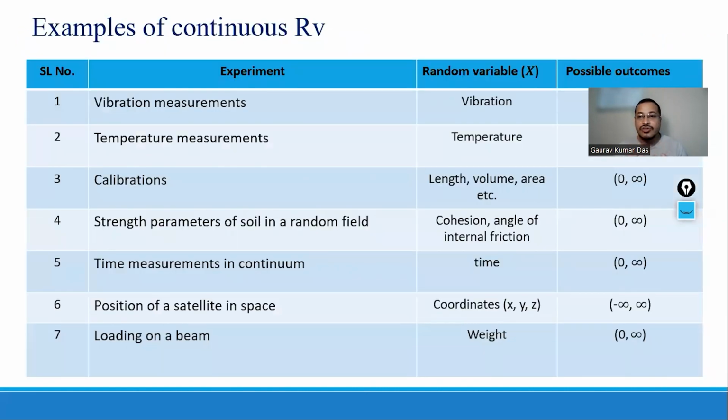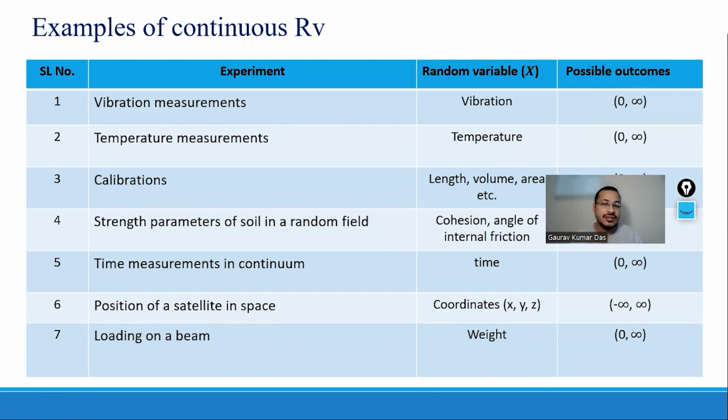And this is just to show you some examples of continuous random variables. Vibration measurements, temperature measurements, calibration, length, volume, area, sales, age, time, weight, all these attributes typically follow a continuous distribution.